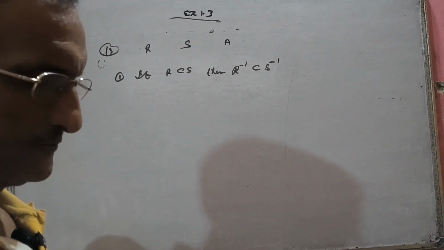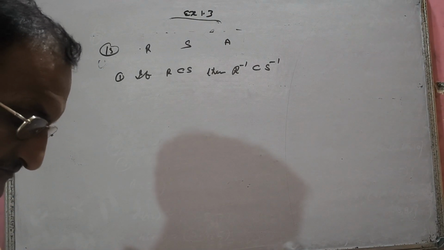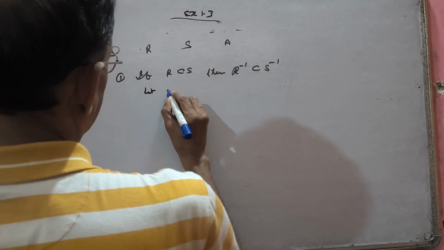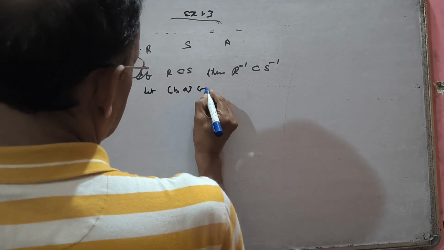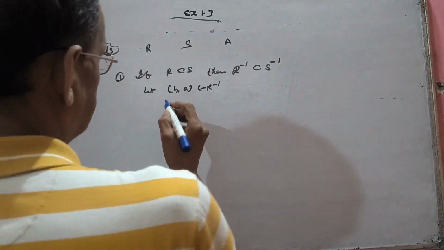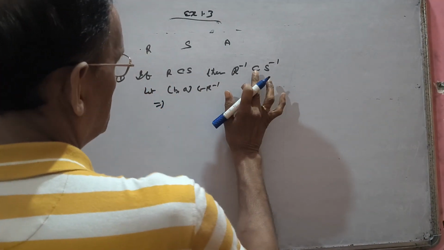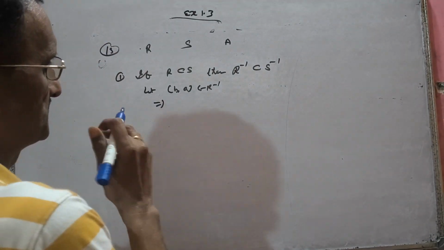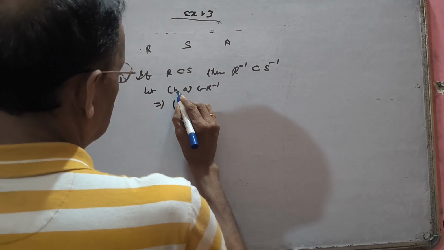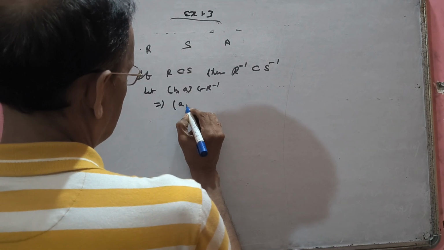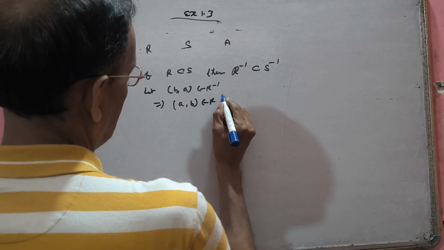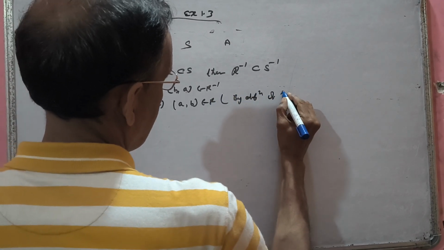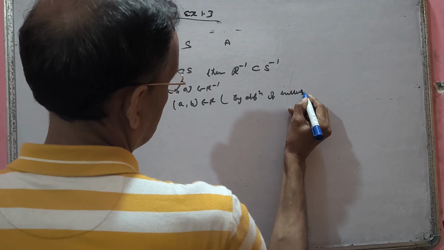Okay, just a class 9 proof, but we will write it in the terms of relation. Now let (B, A) belong to R inverse.